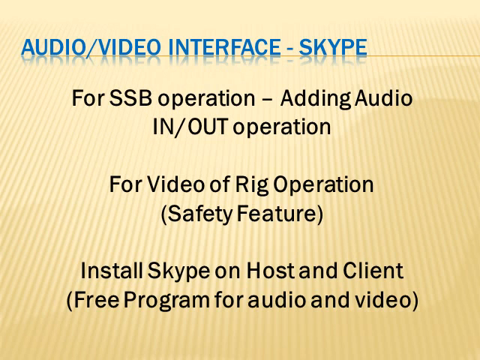If I run Skype on my host, I can set that up for automatic answering of calls, and then I run Skype on my client, whatever piece of gear I've got, and it's a free program for audio and video.